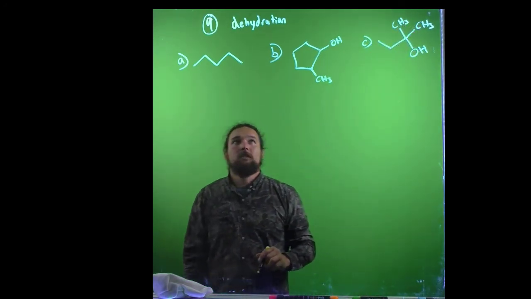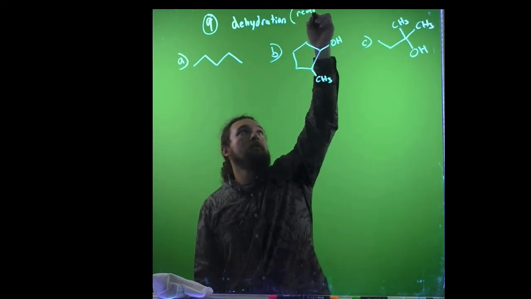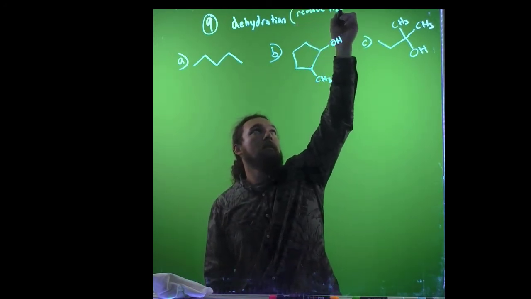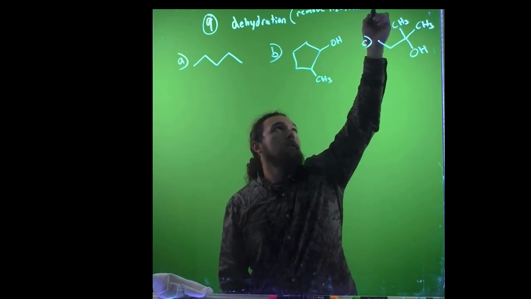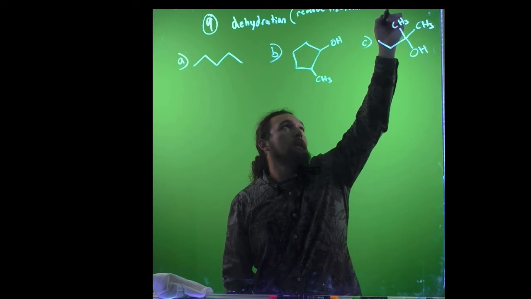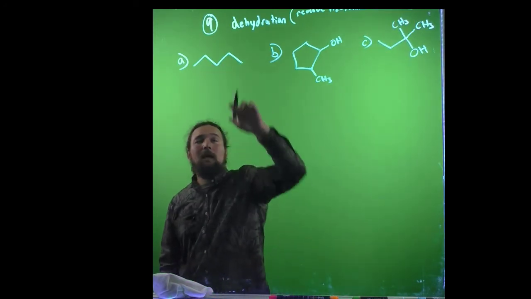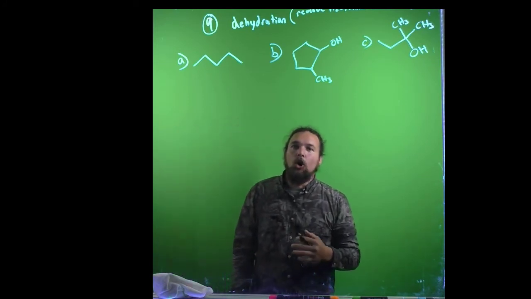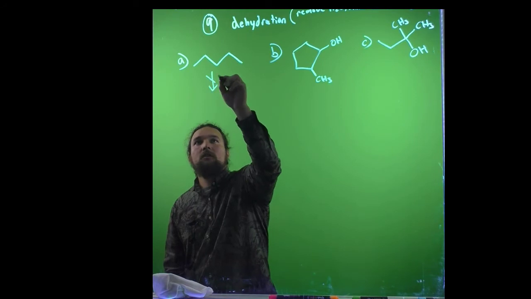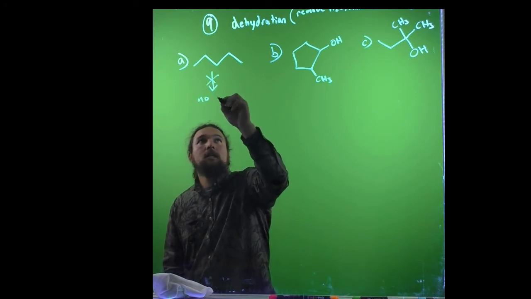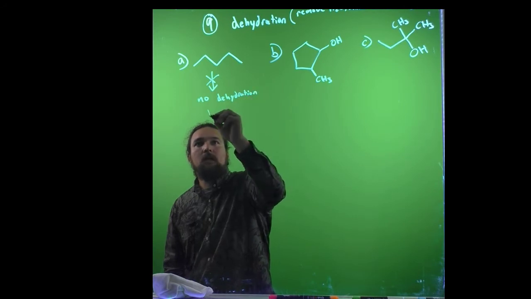So, first thing, we remember in dehydration, we remove water, make a double bond, make an alkene. In this case, this is pentane. It has no OH. There's no way for us to remove water, so this one would have no dehydration products.